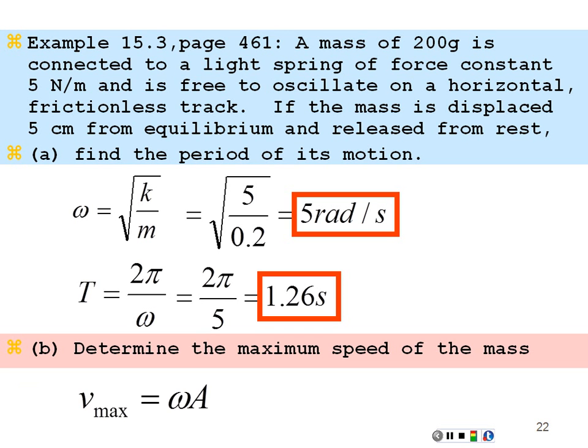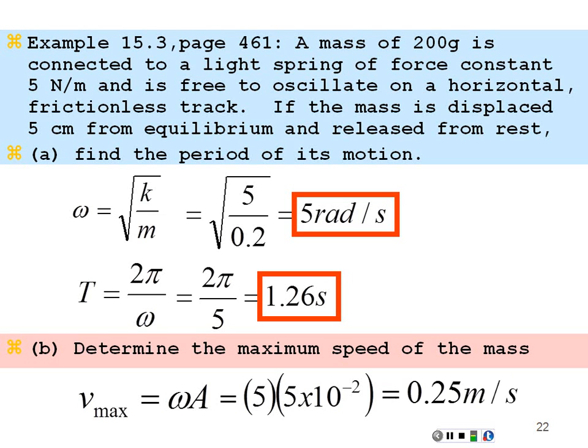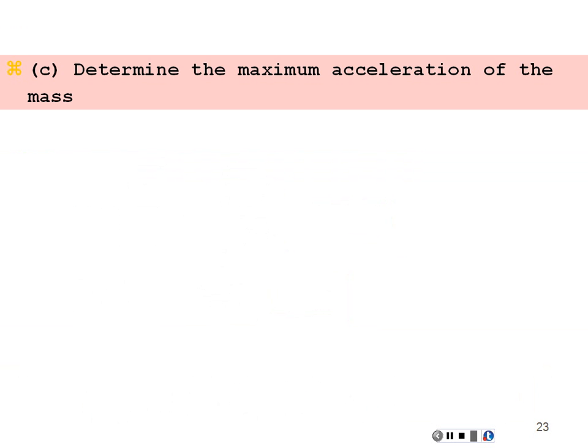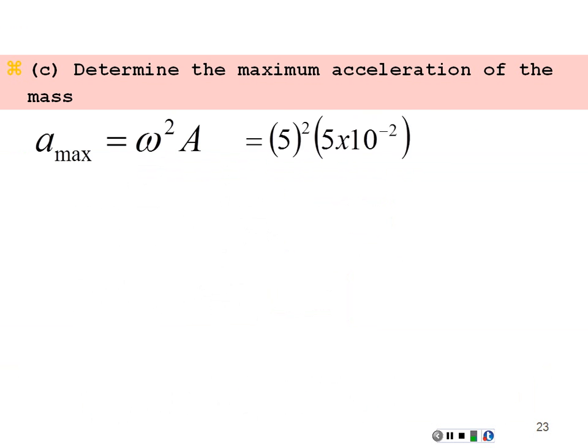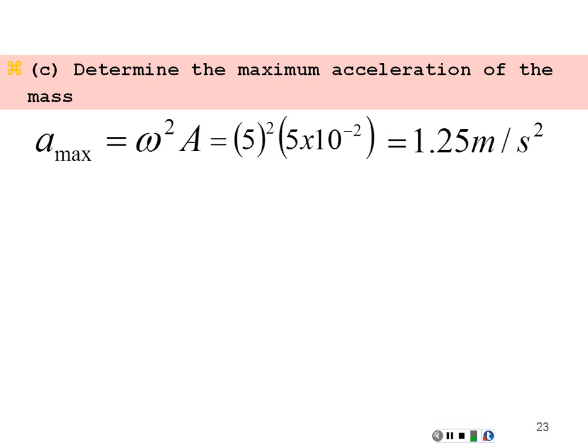And hence, our maximum speed is going to be omega times that amplitude. 5 radians per second times 5 centimeters, 0.05 meters, will give us a maximum speed of 0.25 meters per second. The maximum acceleration is going to be omega squared times the amplitude. 5 radians per second squared times 0.05 meters is 1.25 meters per second squared.